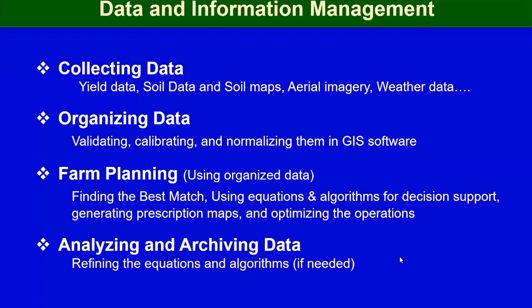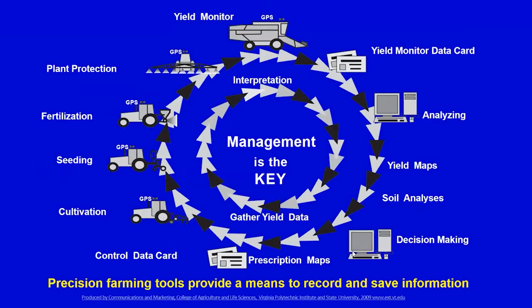And then based on that information, we do farm planning, and we analyze it and archive it for next year, and we refine it when the next information comes in. So if we have years of historical information, we'll be better off. We can make informed decisions.